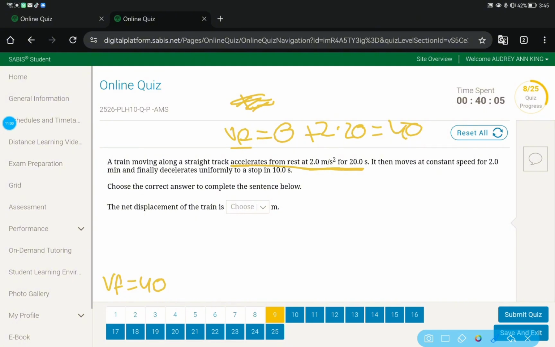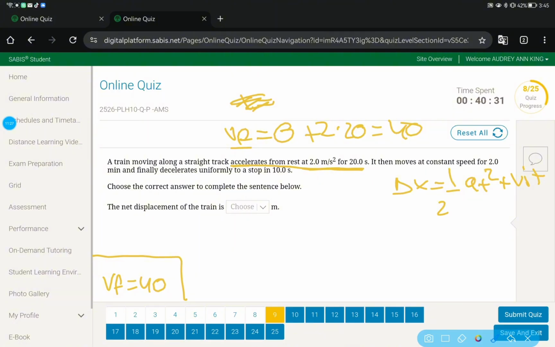Then we need to calculate the distance while accelerating. So we're just going to leave that on the side because we're going to end up using it later, yeah? So now we need to calculate the distance while accelerating. So you're going to use the famous formula, delta x equals half of at squared plus vit.